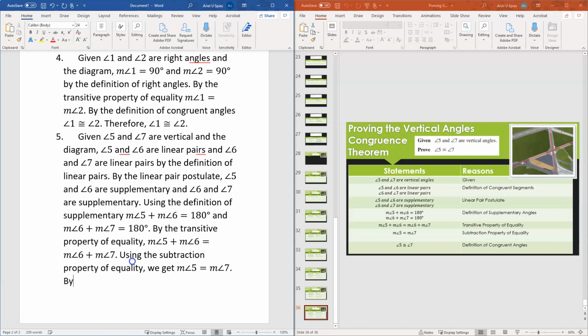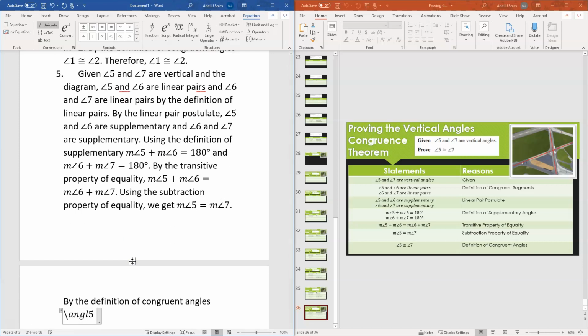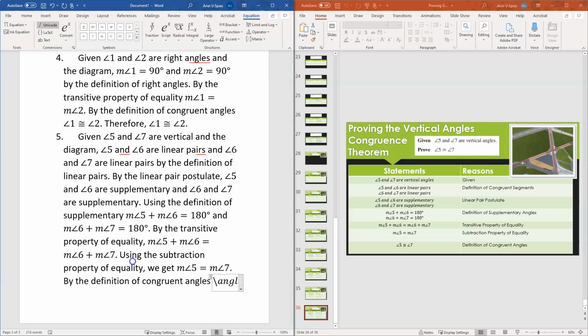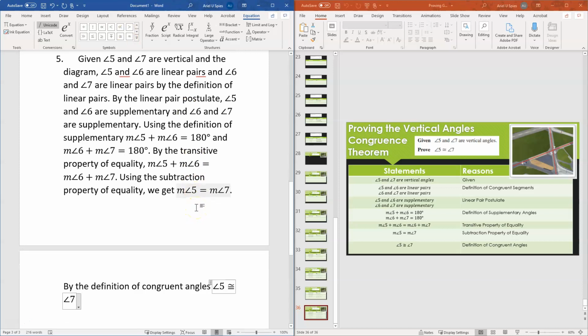Then I can say by the definition of congruent angles, angle 5, want to find the congruent symbol, angle 7. And here is my whole proof.